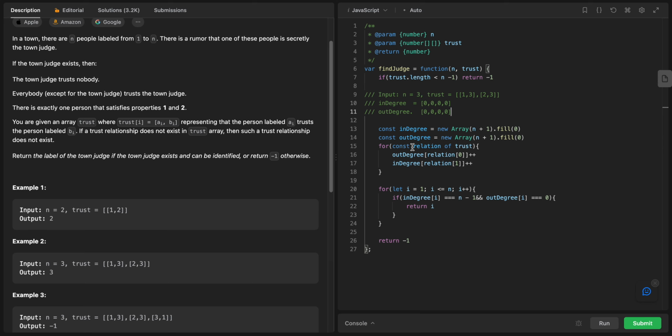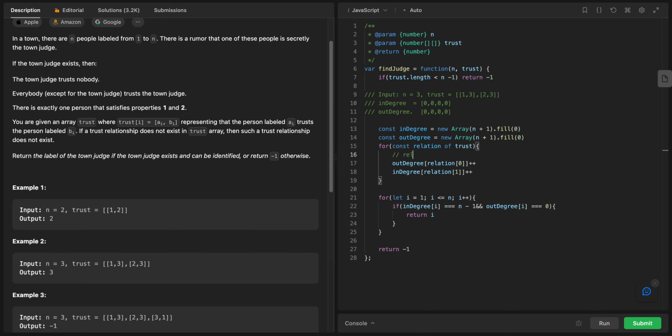So what we're doing here, we first start with the out degree relations of I. So basically relation right now, the relation equals this one in the first iteration, okay.